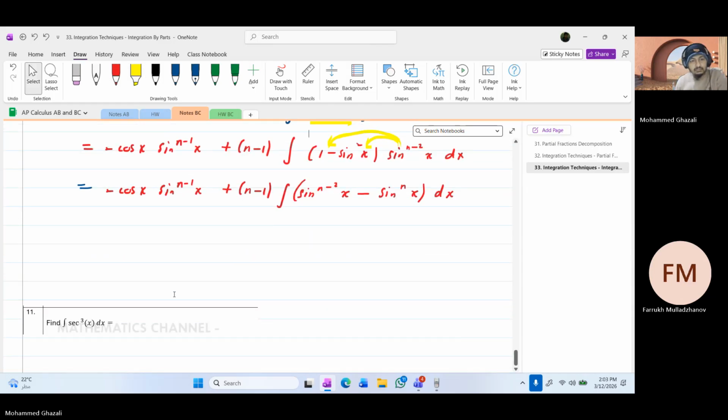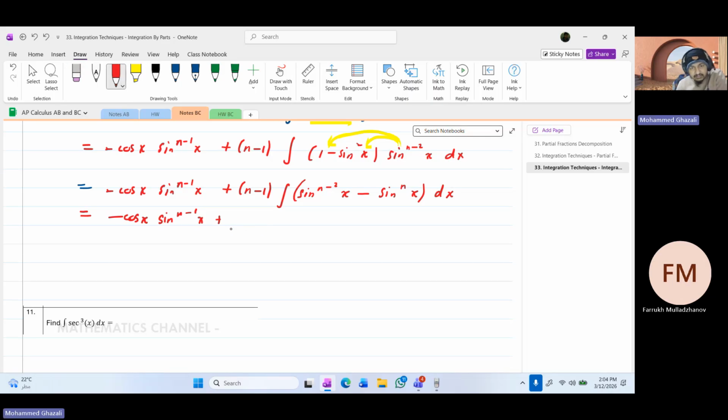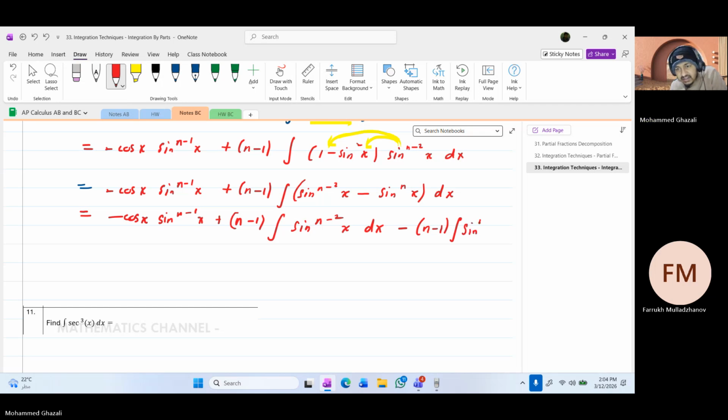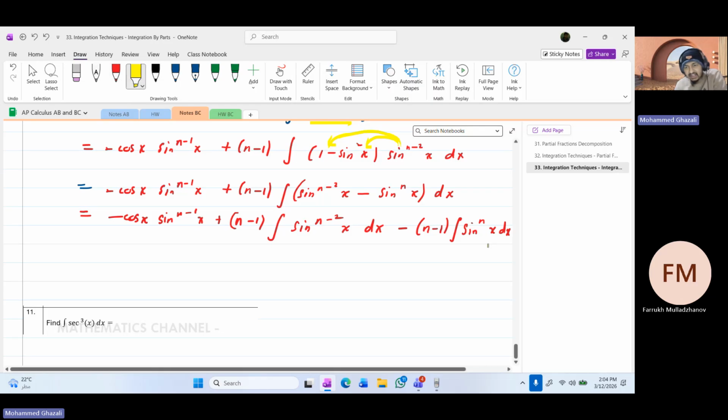Now what I want to do is take the n minus 1 and distribute it with the different integrals: n minus 1 integral of sine^(n-2) x dx, minus n minus 1 integral of sine^n x dx. But remember what we are evaluating, sine^n x dx.